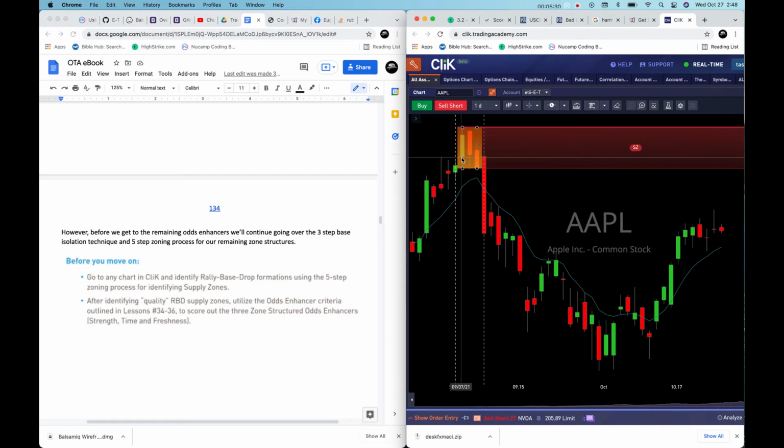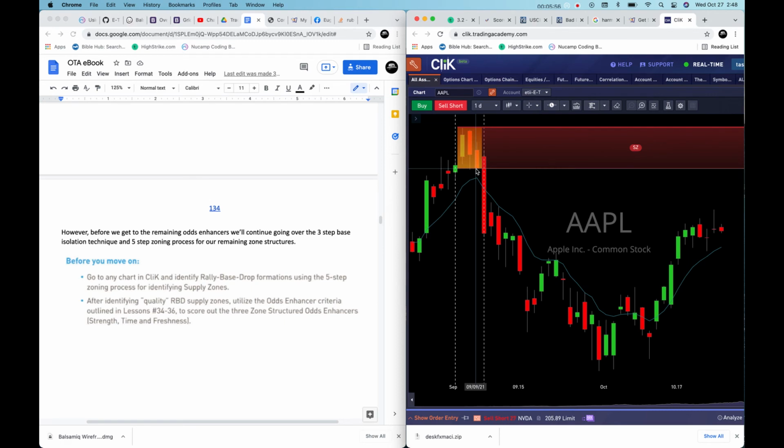The highest wick could be on the leg in, it could be in the base, or it could be on the leg out. Wherever the highest wick is for the rally base drop formation, that is where you're going to place the distal line. And then for the proximal line, if you want to go with the wider zone, you can go with the lowest wick, or you can choose to go with the bottom of the lowest body within the base.